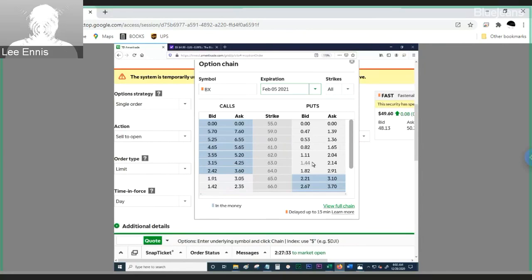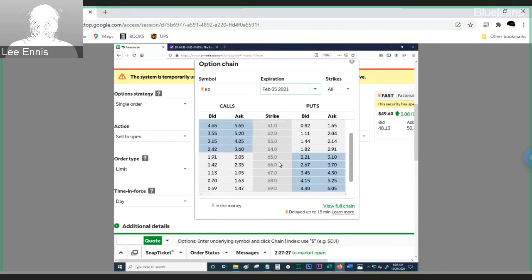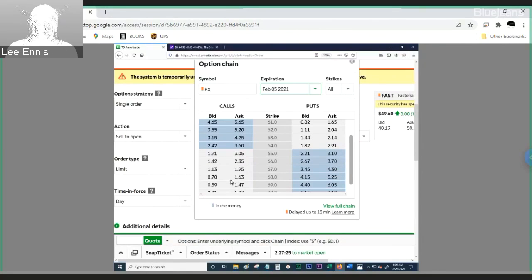Now all of a sudden they're willing to give us $144. Conversely, we can then make another $100 if we sell this thing at 67.